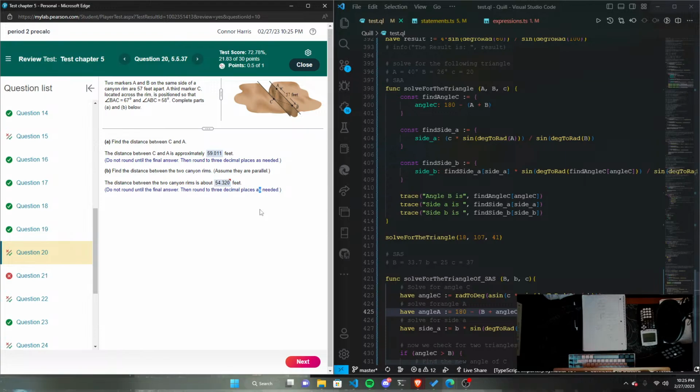So you know that the adjacent would be 57 divided by 2, 0.5. That would be x. Y would be the distance you're trying to solve for. In C, you already know what CB is, the length. We know what x is, we know what the hypotenuse is, we want to find y.